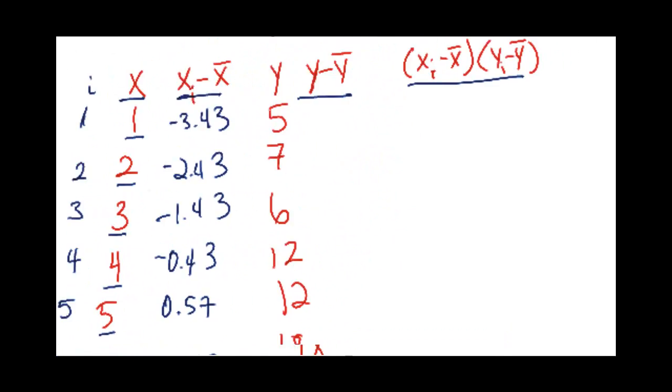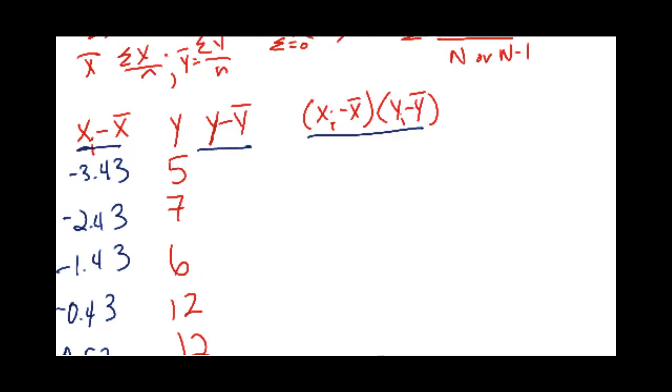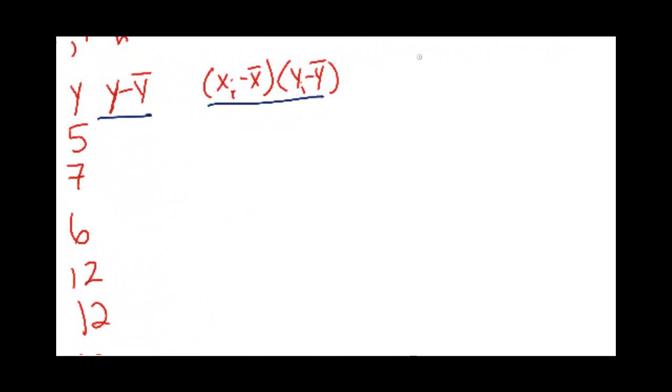Here you find the deviations in y in much the same way. So you have to find the y bar. Y bar is going to be the summation of y_i from i equals 1 to 7 over the total number, which is still 7.